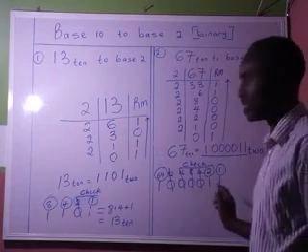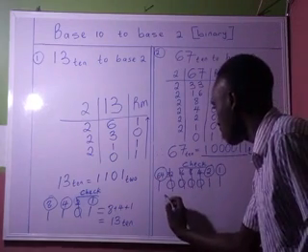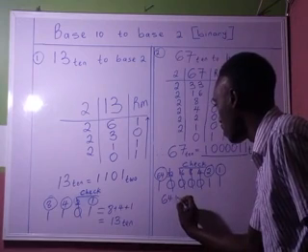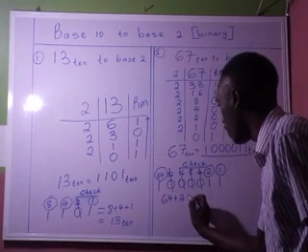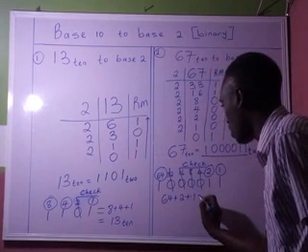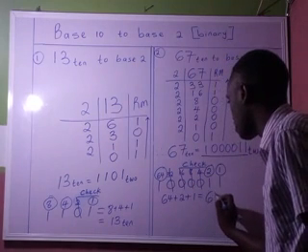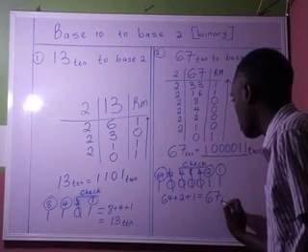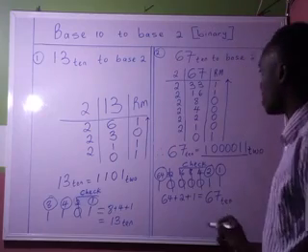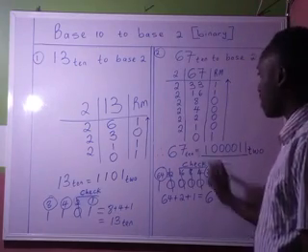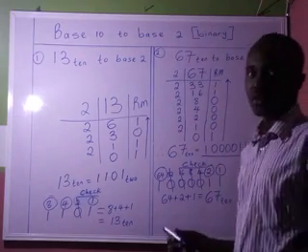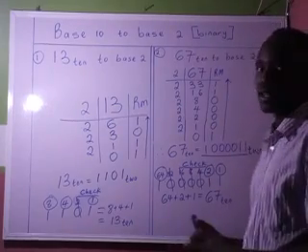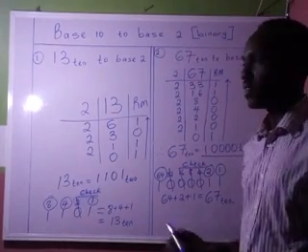So I'm going to add the 3 numbers together. 64 plus 2 plus 1. Of course, that gives us 67 in base 10. So with this, getting this number back, I'm 100% sure my answer is correct.